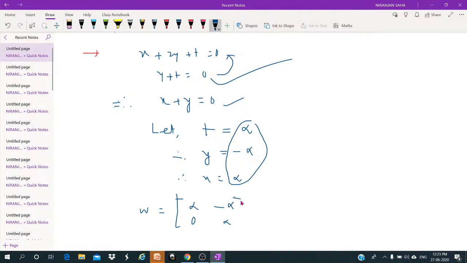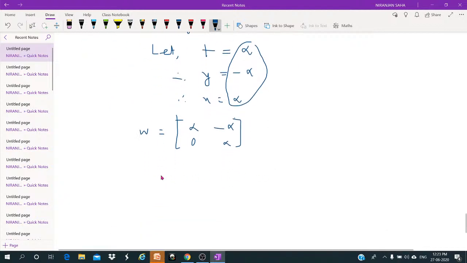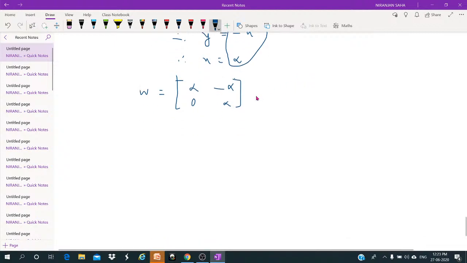So we need just a single element in the basis, not more than one element.